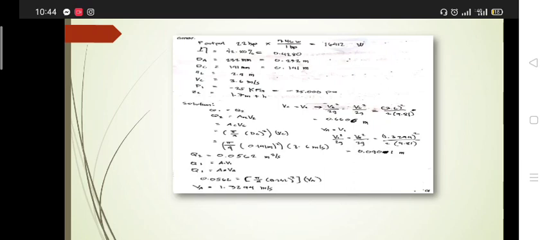The answer is 16,412 watts. The efficiency is 42.80% or 0.4280.